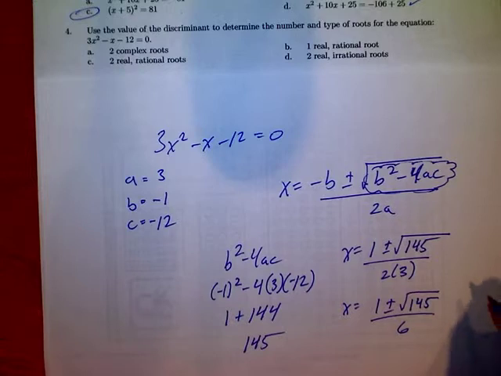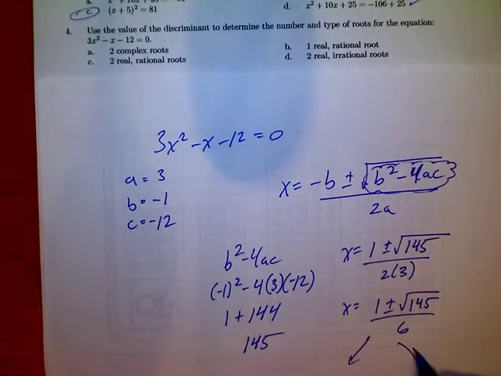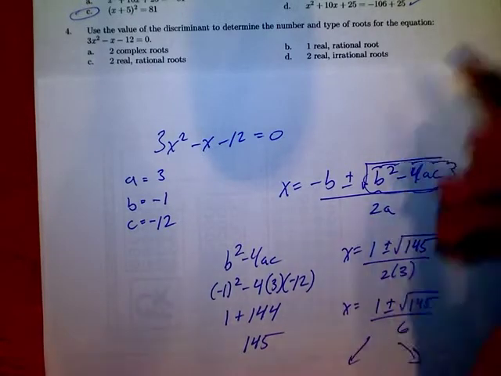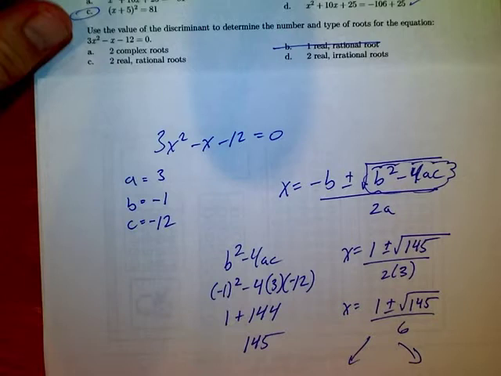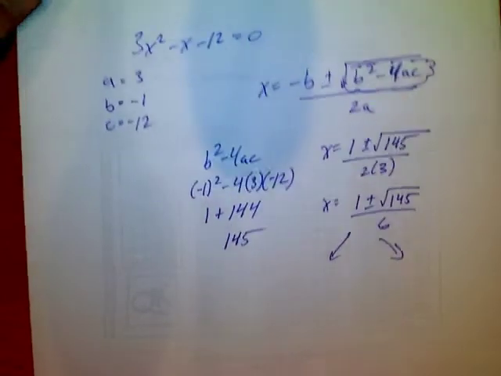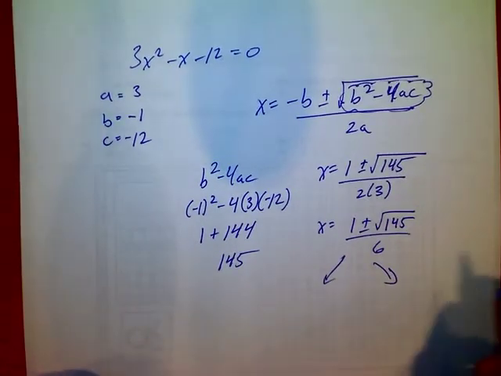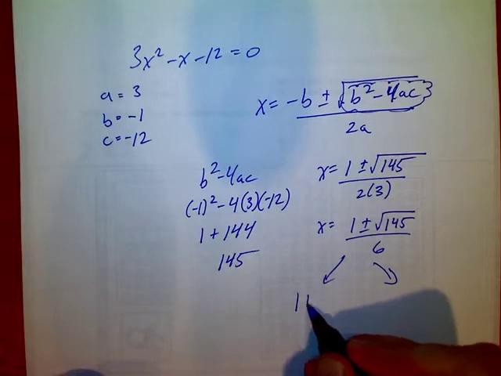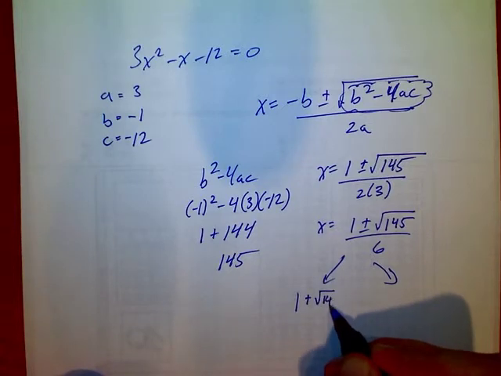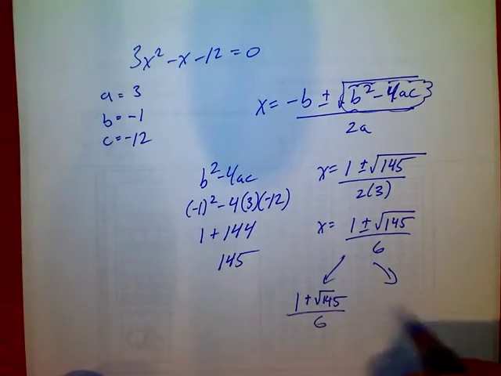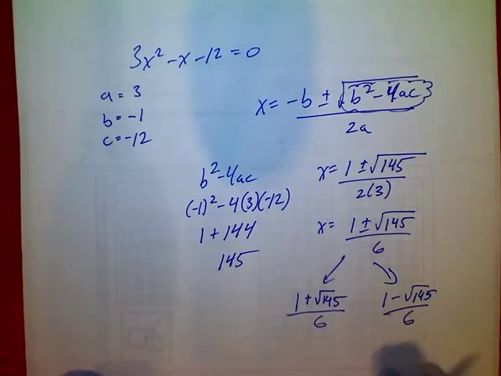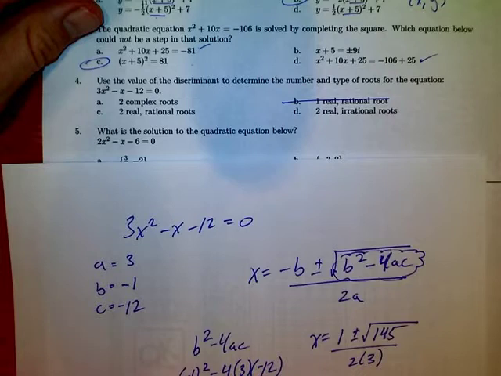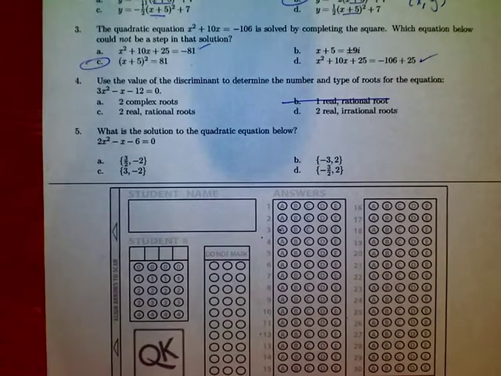Now, we're going to have 2 roots. So we can get rid of b as a possibility. The 2 roots are (1 + √145)/6 and (1 - √145)/6. So what are those?